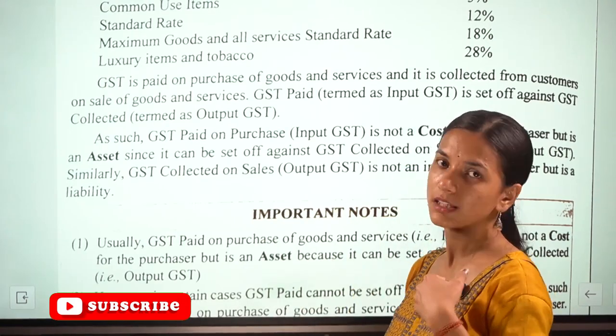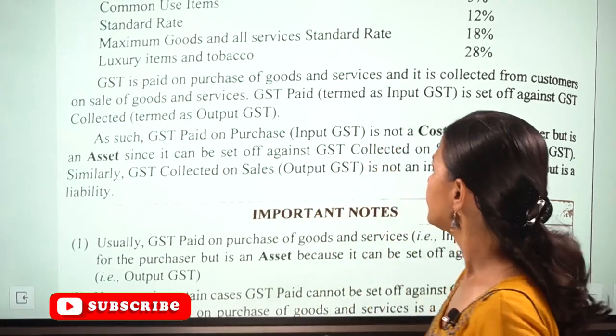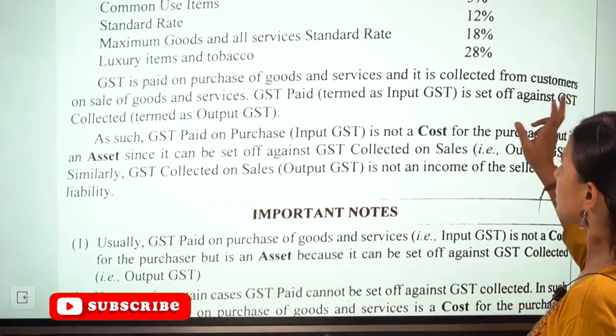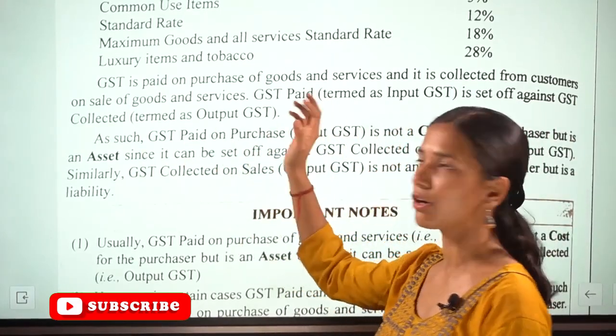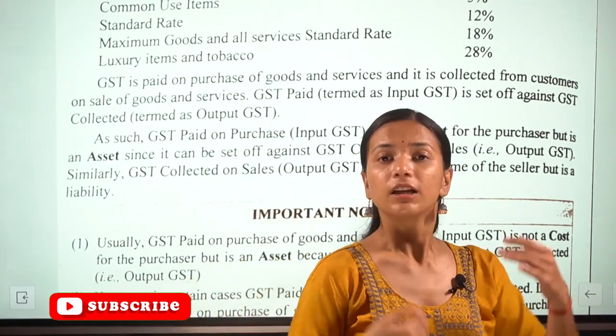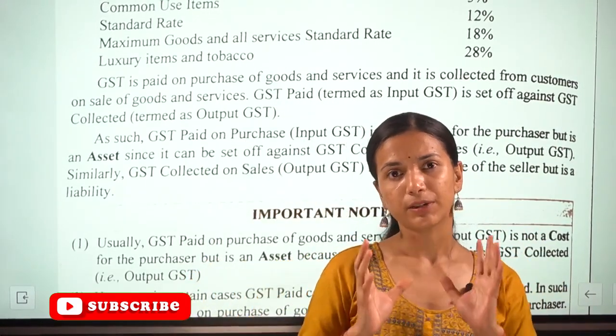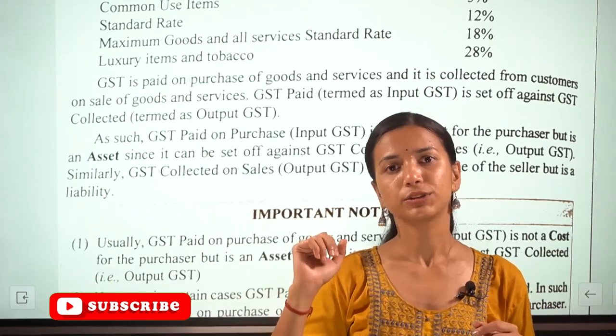So purchases input GST, sales output GST, because things are going out. GST paid, termed as input GST, is set off against GST collected, termed as output GST. Now you are purchasing something, you are paying GST. Now that purchased product you are again selling. From that sale you are getting output GST.